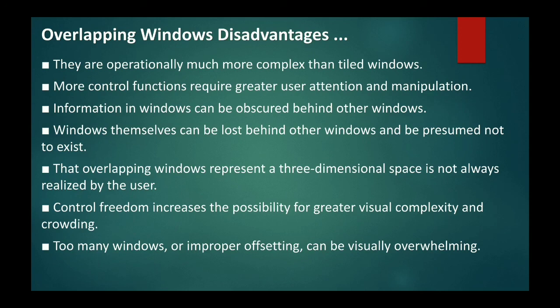The overlapping window represents a three-dimensional space that is not always realized by the user. Control freedom increases the possibility of greater visual complexity and crowding. Too many windows or improper offsetting can be visually overwhelming. So these are possible disadvantages of overlapping windows.